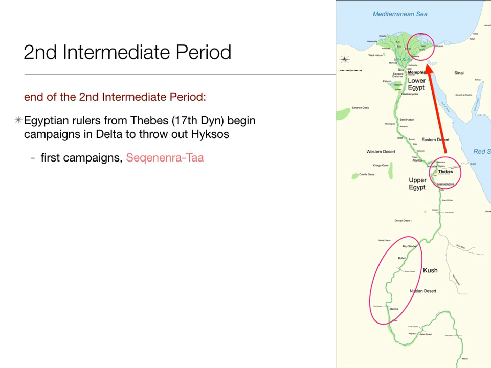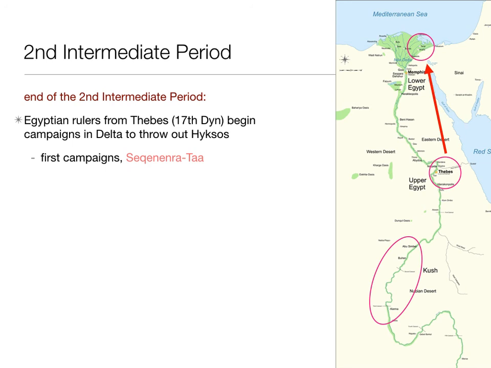And eventually the 17th dynasty in Thebes begins to push out the Hyksos rulers in the Delta, and begins the process of reunifying Egypt after the Second Intermediate Period. So this is a fairly long process. There wasn't an epic battle; you see a couple of different dynasties really trying to push back against the Delta, kick out the Hyksos.